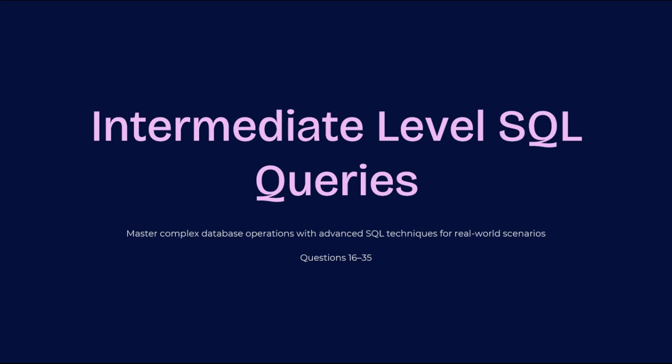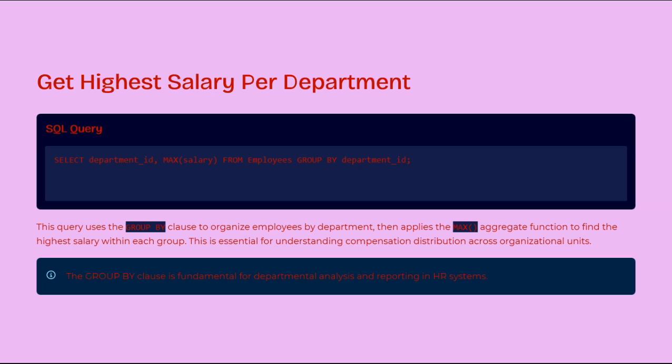Now we will move to the intermediate level SQL queries. Master complex database operations with advanced SQL techniques for real world scenarios. Questions 16 to 35. Your first intermediate query is: get highest salary per department. Select department_ID, max of salary from employees group by department_ID.